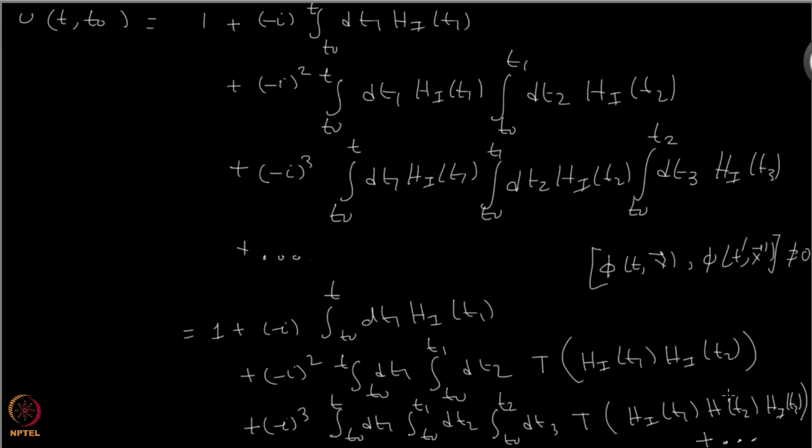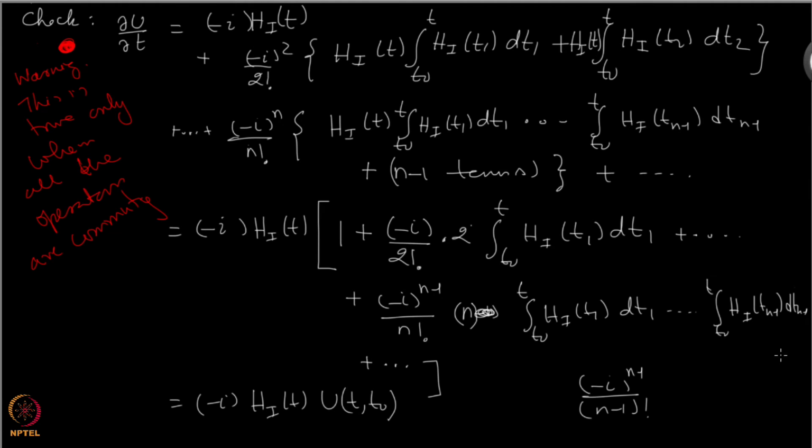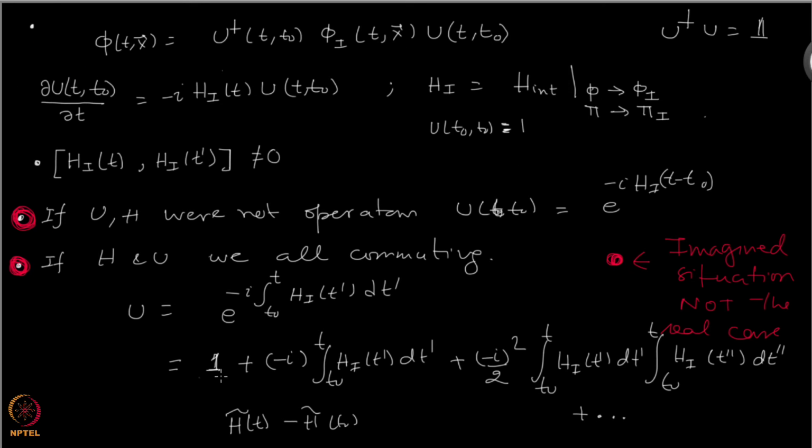Okay, that's good, but you see, we were expecting something like an exponential here, right? Where was it? Yeah, this is what we had written. Here the difference from what we have right now in our calculation is that the integration limits are all going to t.